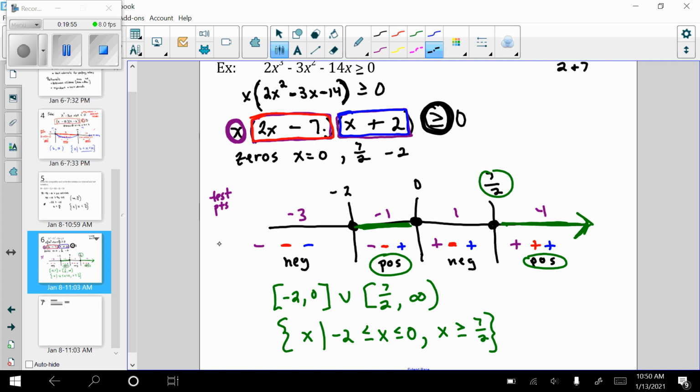Okay, so when I did my positives and negatives, remember, I simply plugged each of those values in my head into each of the factors and determined if the value there would be a positive or a negative value. If you think about graphing a polynomial, we have our zeros. You learned how to do this in Algebra 2 and/or college algebra.